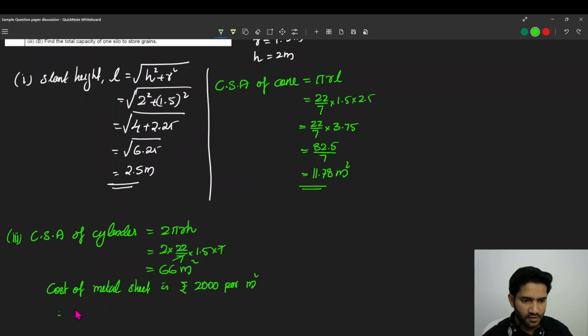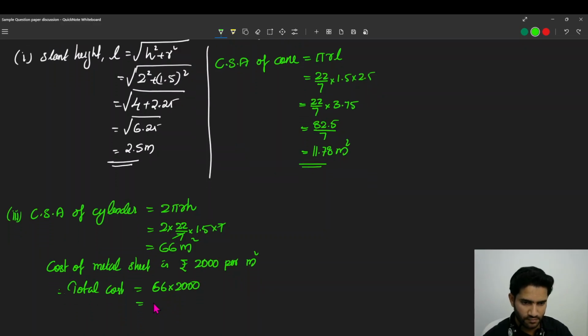Therefore total cost is equal to 66 into 2000, which is 132000 rupees. That is the answer.